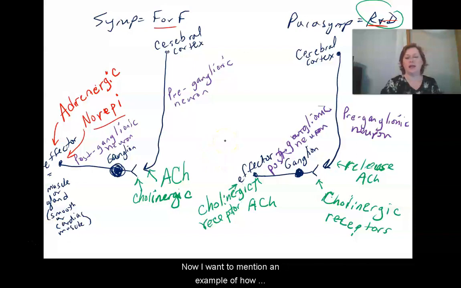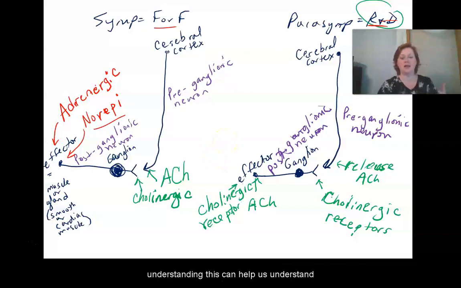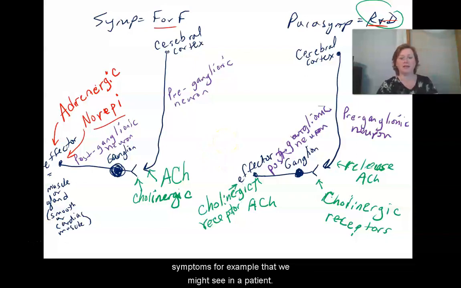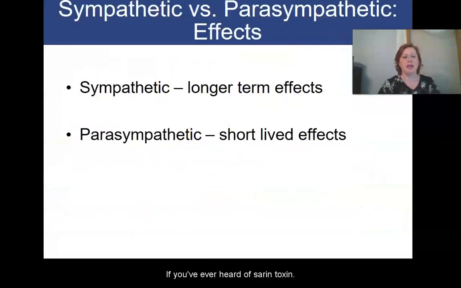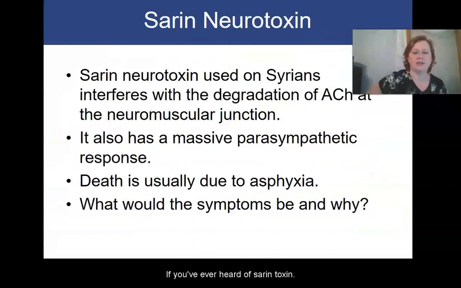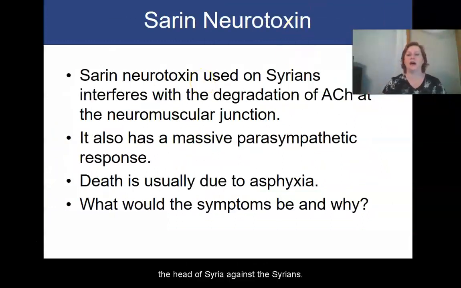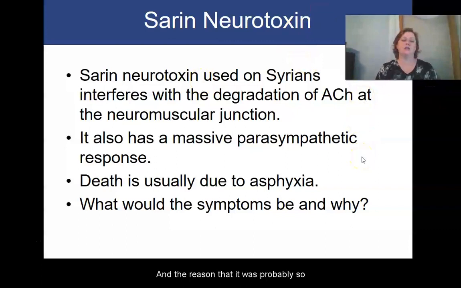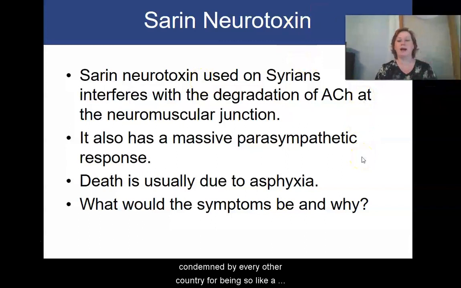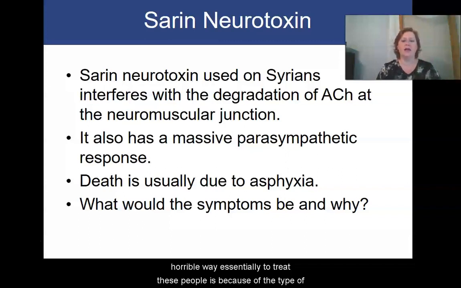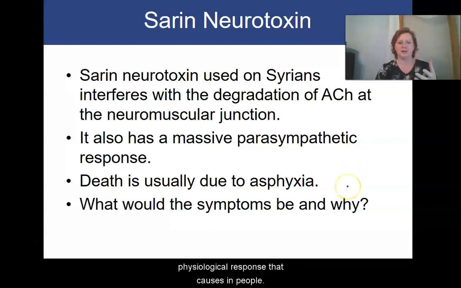Now, I want to mention an example of how understanding this can help us understand symptoms, for example, that we might see in a patient. If you've ever heard of sarin toxin, sarin neurotoxin was used by the head of Syria against the Syrians, and the reason that it was probably so condemned by every other country for being such a horrible way to treat these people is because of the type of physiological response it causes in people.